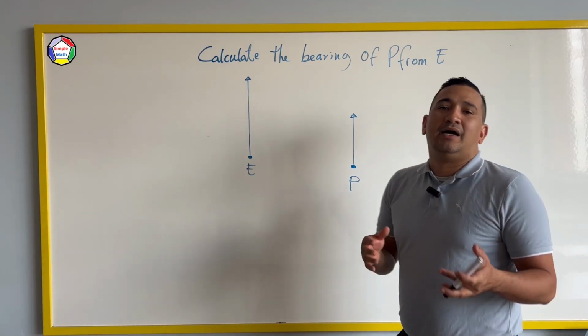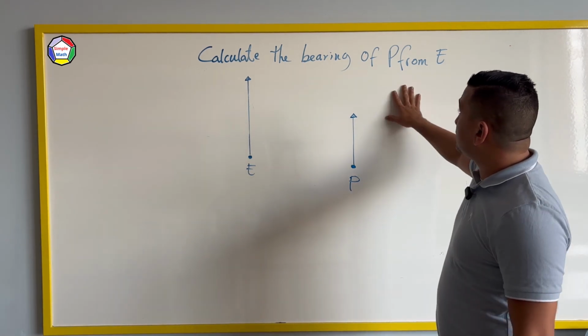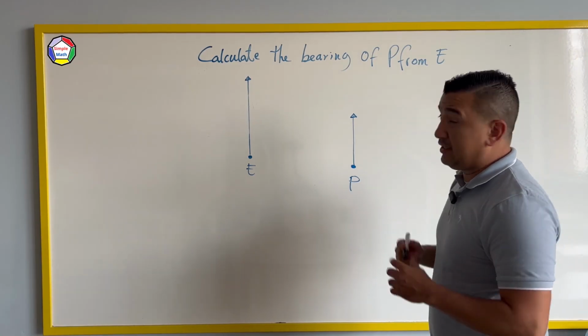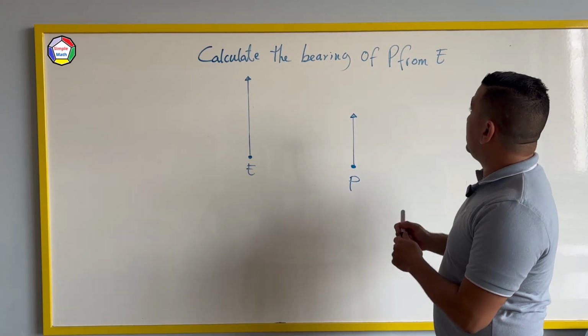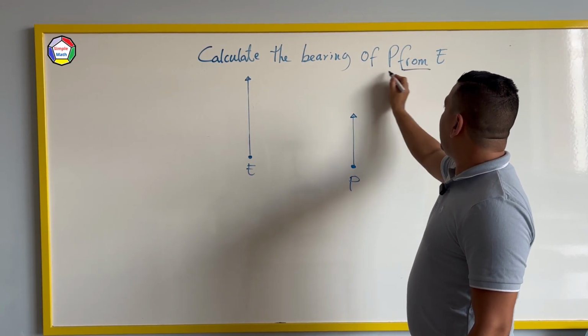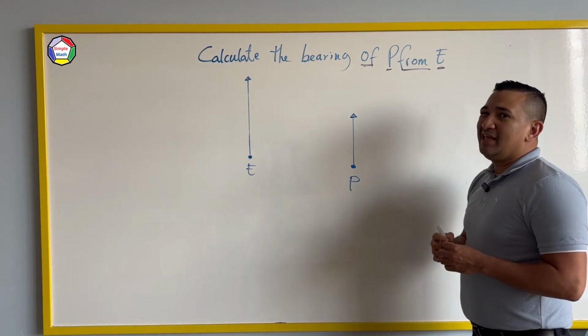You can imagine two cities or something like that, okay? Here we have to recognize two important words. This is the first video, that's why I'm explaining step by step, okay? So it says, a bearing of P from E.